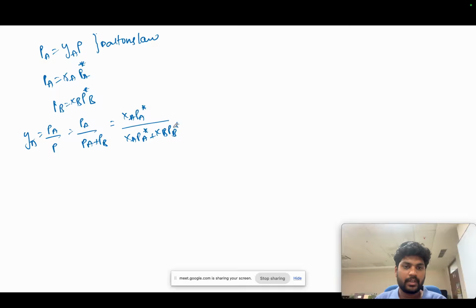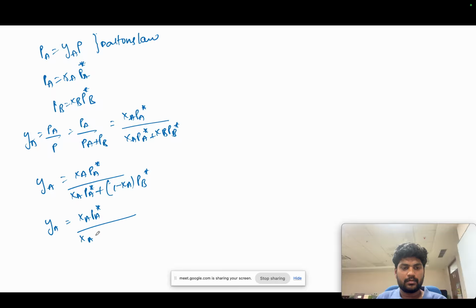So now if I want to make everything in terms of YA and XA, it will be XA PA star plus 1 minus XA PB star, PB star minus, x star is equal to XA PA star, PB star plus PA star minus PB star by XA.